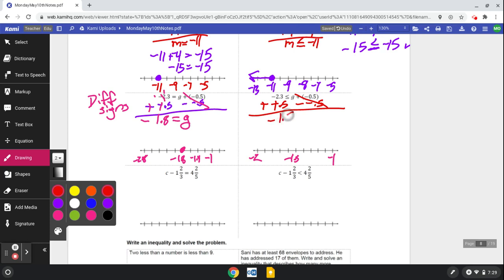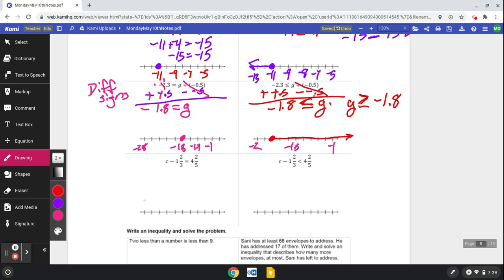So negative 1 and 8/10 is less than G. Now, this is where some students will make some mistakes because it's flipped. If it's easier to know, you put G is still greater than or equal to negative 1 and 8/10. All I did was basically take it and flip it all around. Okay, I saw that this side is still open towards the G, so when I rewrite it, it needs to be open towards G. All right, so that's my 0.5, 0.6, 0.7, there's our 0.8. And that's where it's getting bigger, so we're going closer to 0.